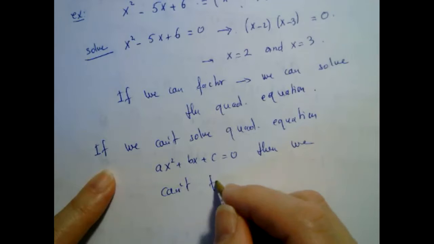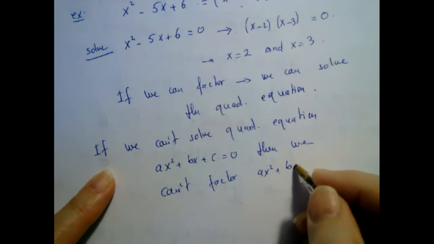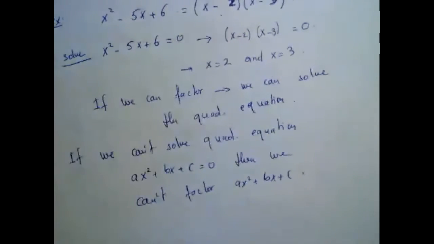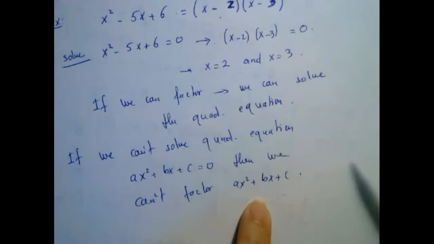Then we can't factor ax squared plus bx plus c. So if we cannot solve it, we cannot factor it, because if I could factor it, I would be able to solve it.